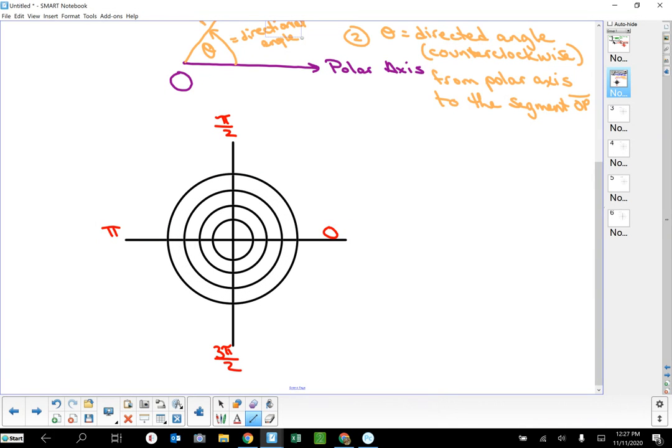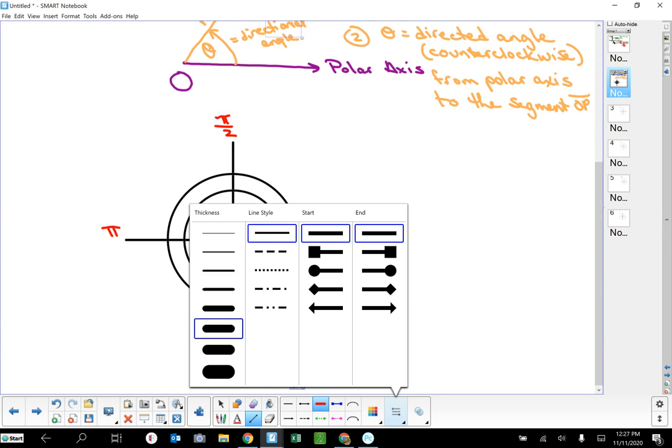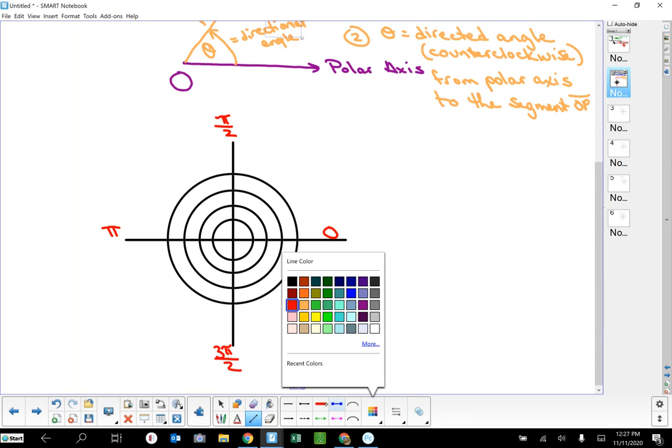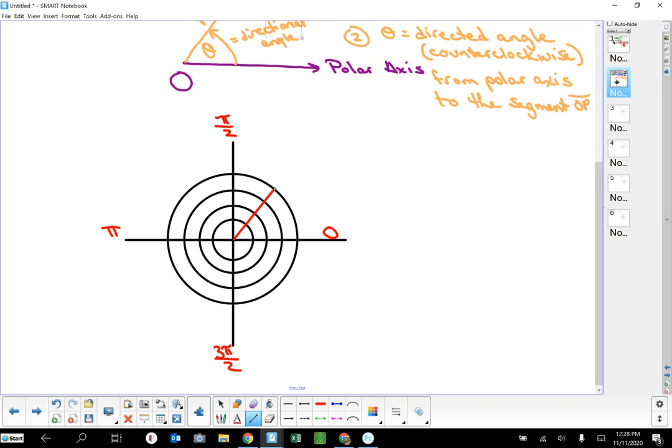Let me change some settings. I'm going to make this line a lot skinnier, and change the color of that line. Red is fine. All right, so we have lines that would come out for 45 degrees, 30, and 60, and those would typically just continue straight across here.